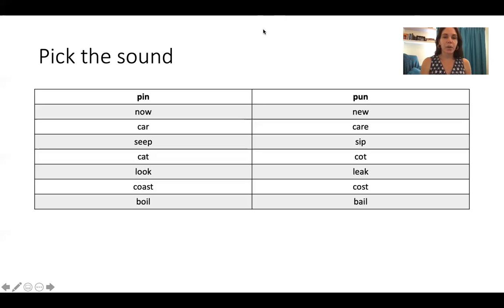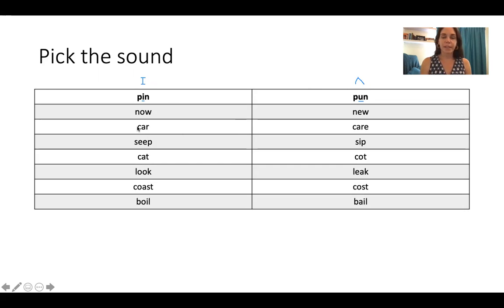I'll just underline those for you. I or a. And the IPA symbols are I or a.